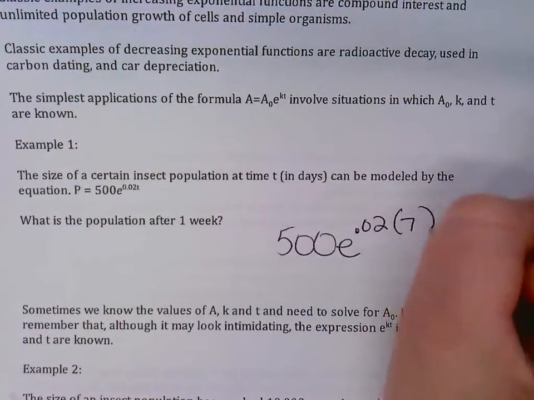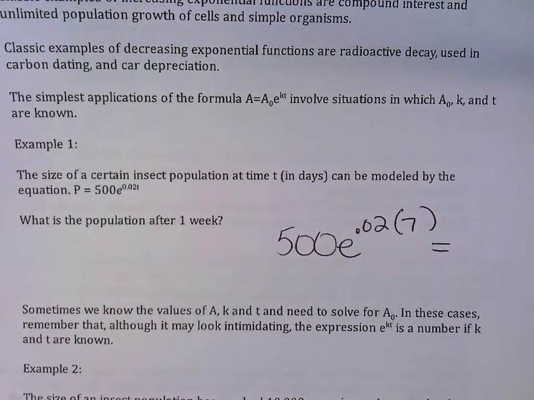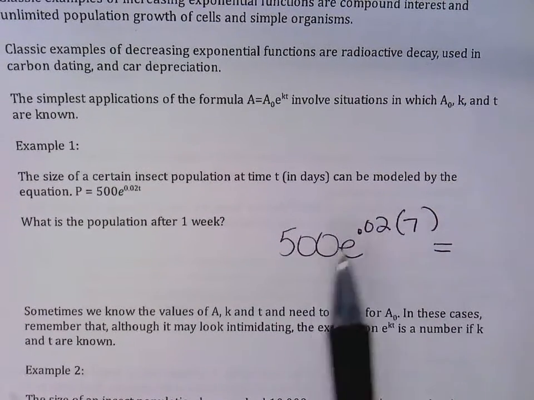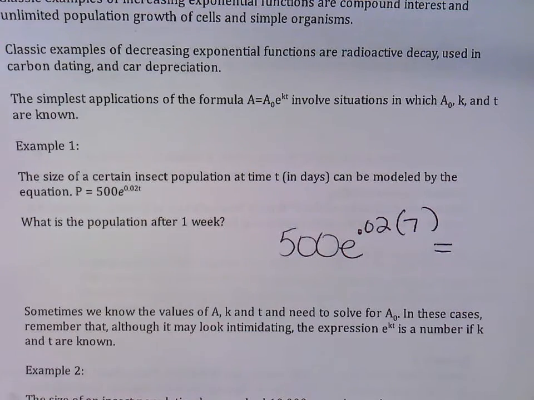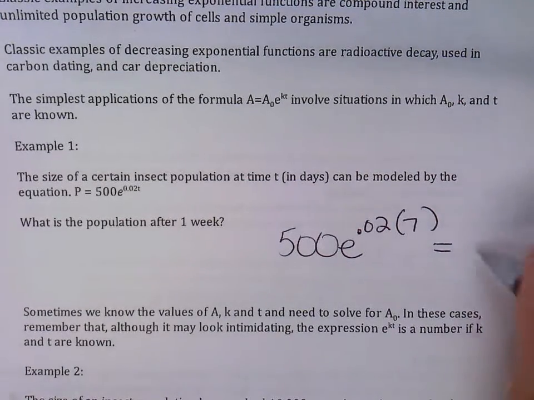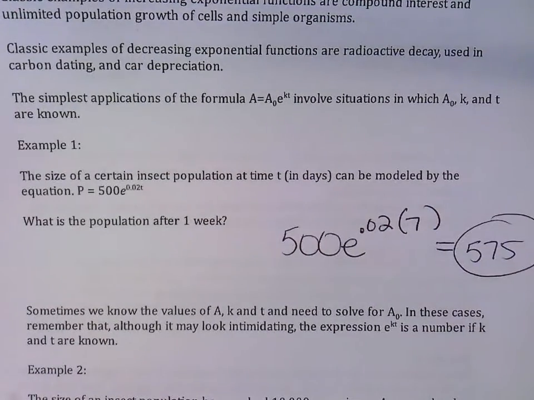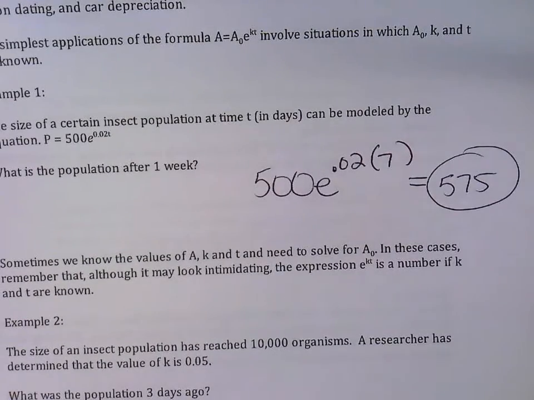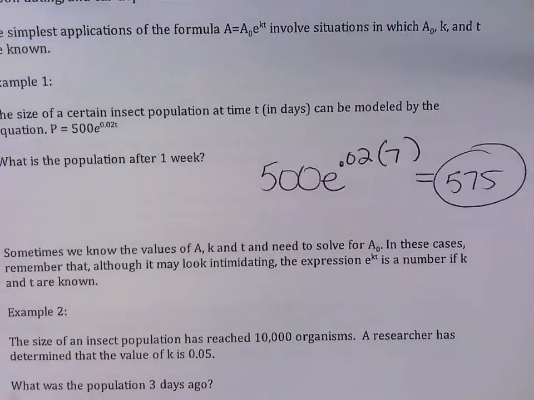So I'm just using the formula that I have and evaluating for a certain time. So to me, this is considered the easiest form because you were already told the constant, you were already told the initial population. So 500e to the 0.02 times t. What is your insect population? About 575 insects, approximately. You could round down to the nearest insect. You could round up to the nearest insect. I'll count you right either way, as long as you're using this equation.